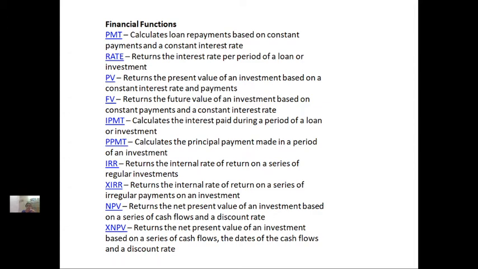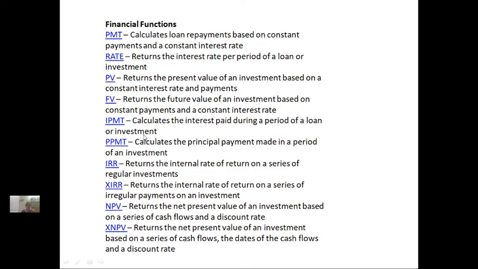NPV returns the net present value of an investment based on a series of cash flows and a discount rate. XNPV returns the net present value of an investment based on a series of cash flows, the dates of the cash flows, and the discount rate. Okay, students, these are all the financial functions existing in the Excel application.